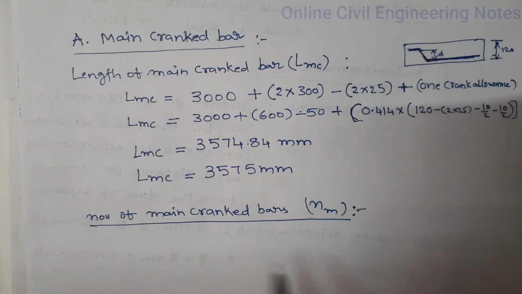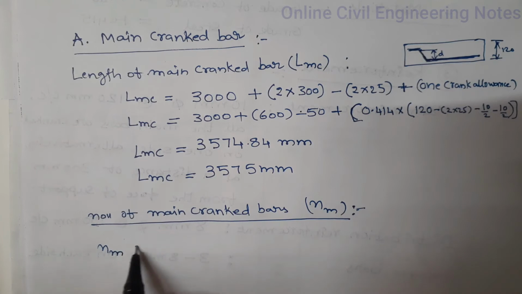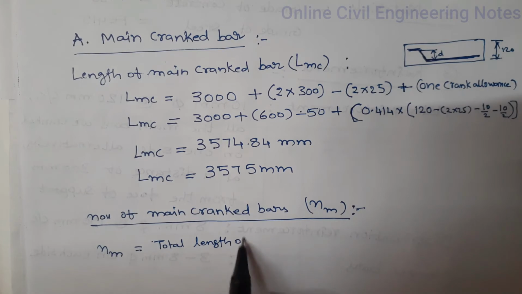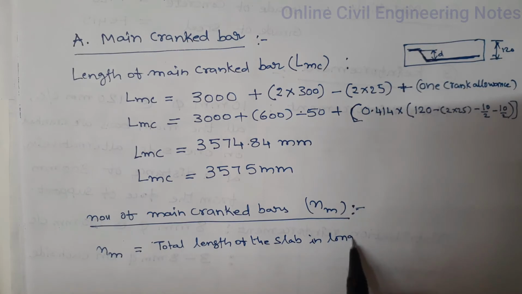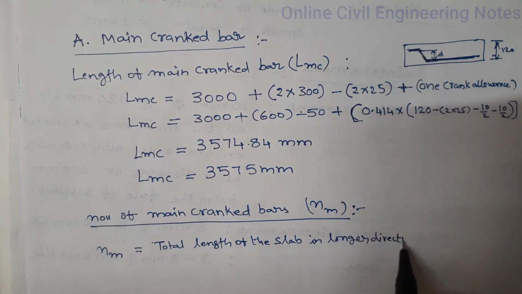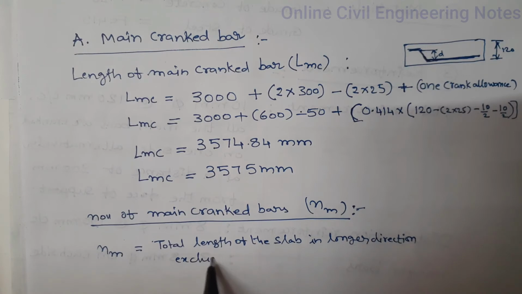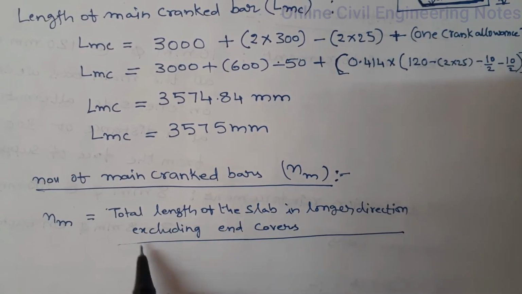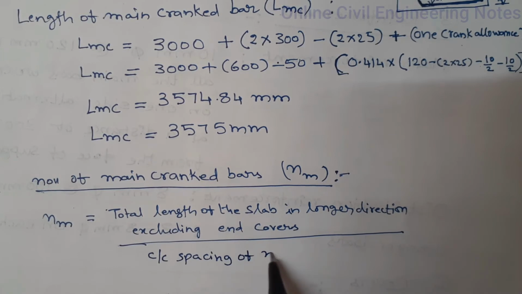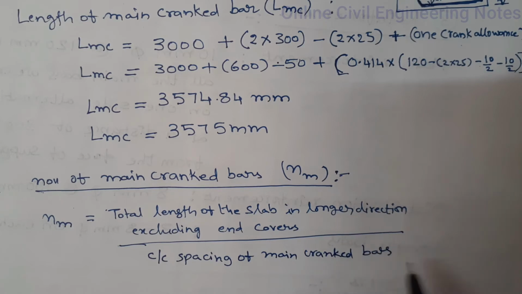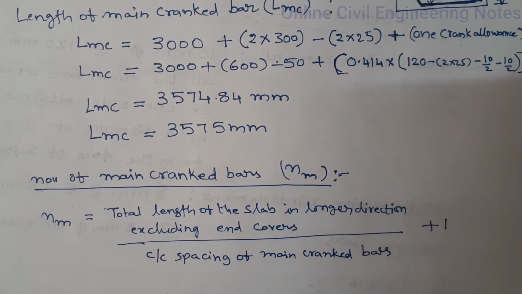Therefore, number of main cranked bars is equal to total length of the slab in longer direction, excluding the end covers, divided by center to center spacing of main cranked bars, plus 1.